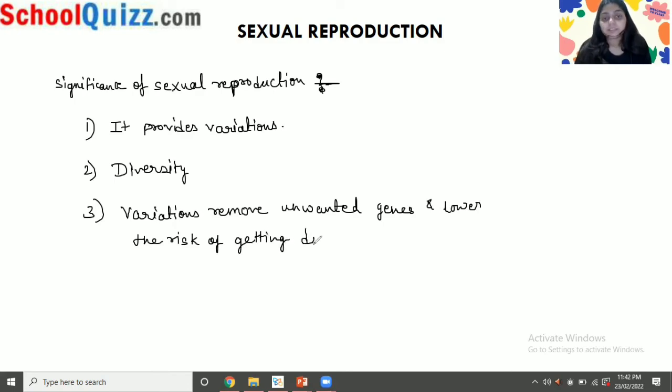So if variation is happening again and again, there will be less risk of getting diseases, and the unwanted genes are removed because of the variations.